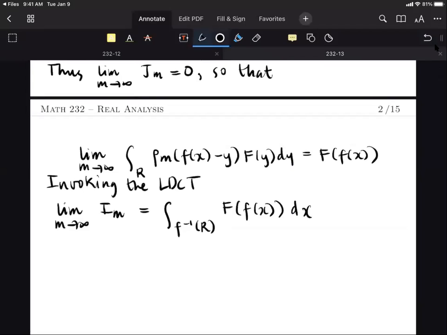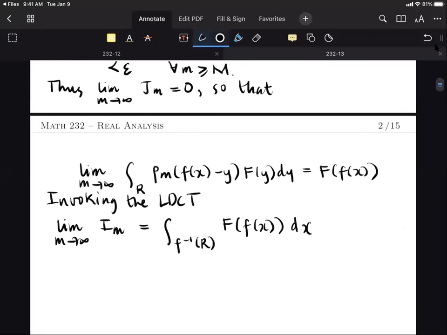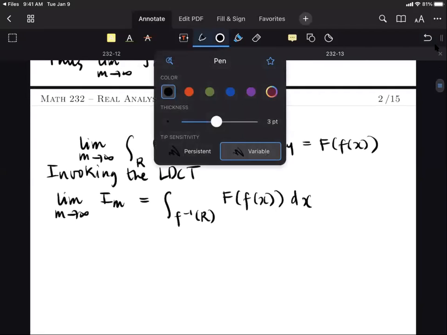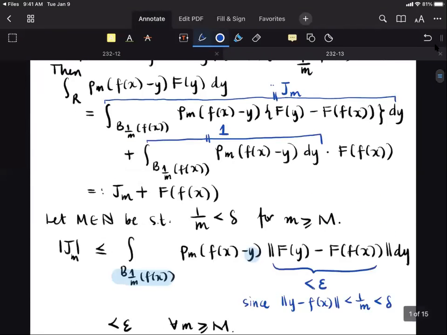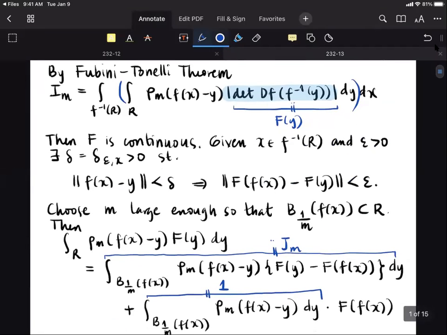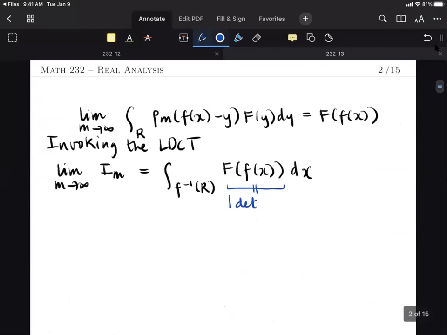However, what is capital F of small f? So this is the determinant. So let us look at the definition. Okay, here, determinant of the Jacobi matrix of f inverse of f of x.